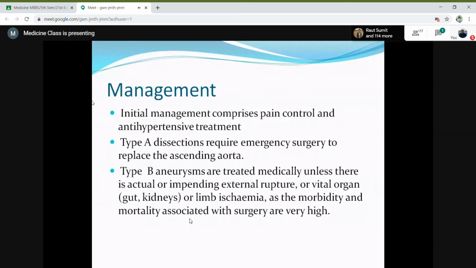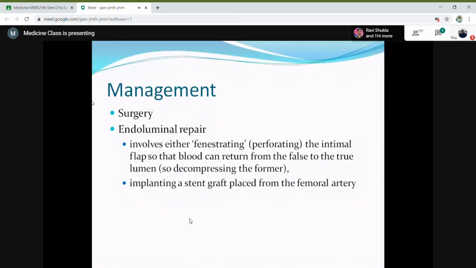These complications include external rupture and vital organ or limb ischemia, as the mortality and morbidity with surgery in patients with type B aneurysm is very high. So open surgery can be done, or interluminal repair can be done.